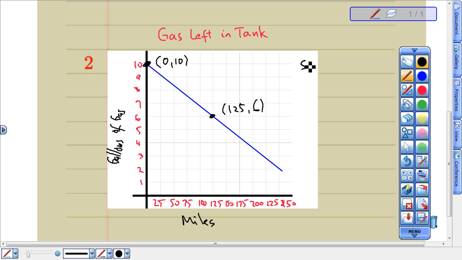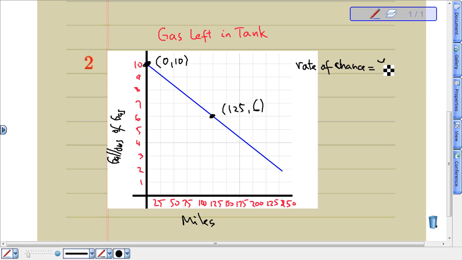So writing the formula, rate of change equals y2 minus y1 over x2 minus x1. Now we're going to plug in the numbers. We will have 6 minus 10 divided by 125 minus 0.